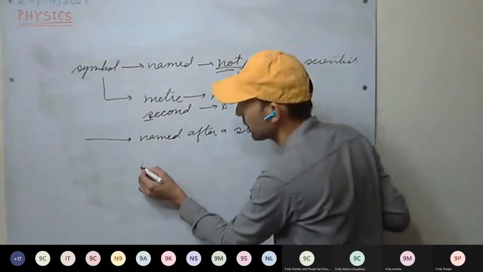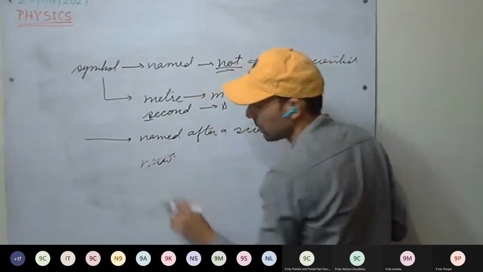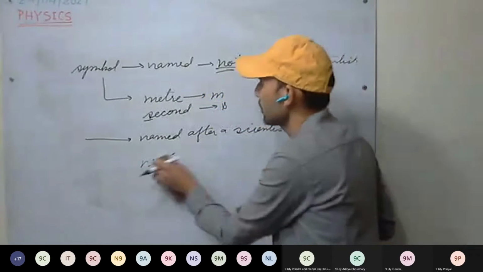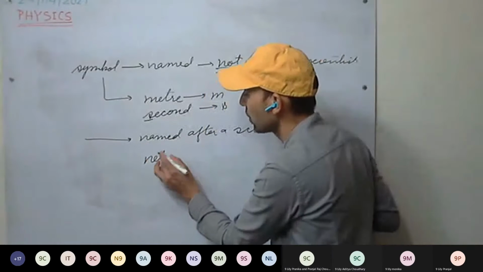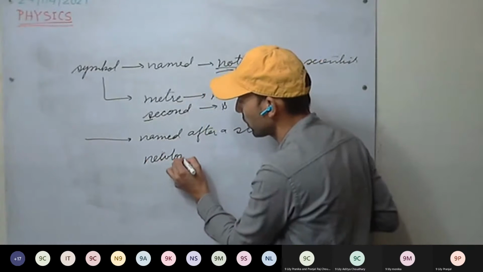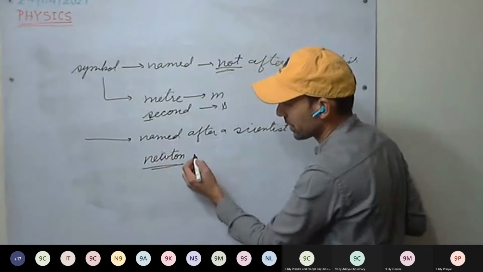For example, Newton is the unit of force, which we have studied. N-E-W-T-O-N. If we write the full name, then small letters.